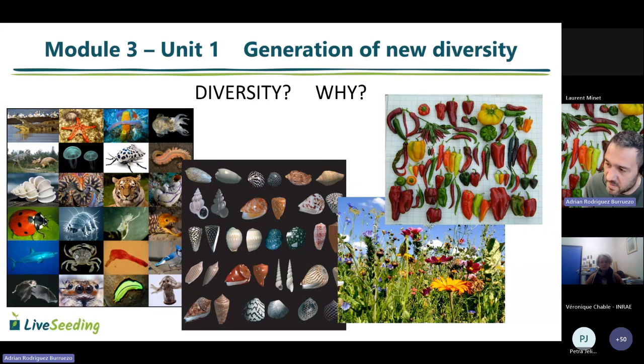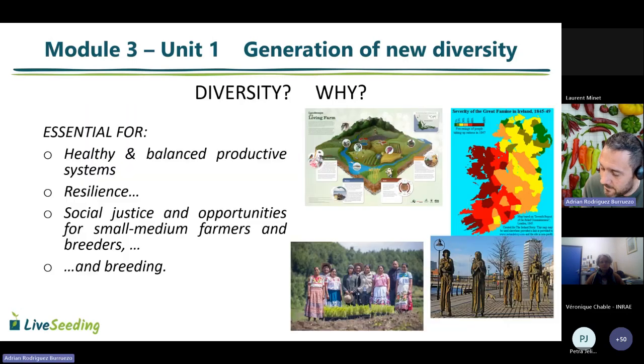Well, apart from the fact that we are in a world of diversity, which is important for the equilibrium of the planet, and also is the product of hundreds of millions of years of selection and adaptation of different taxons and different animals and plants, etc.